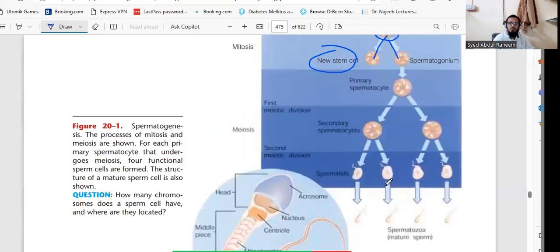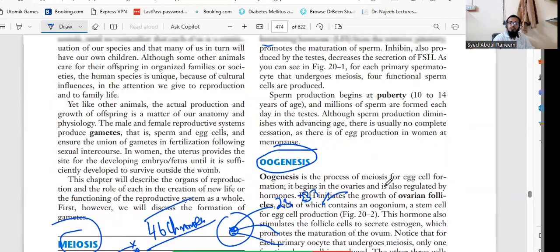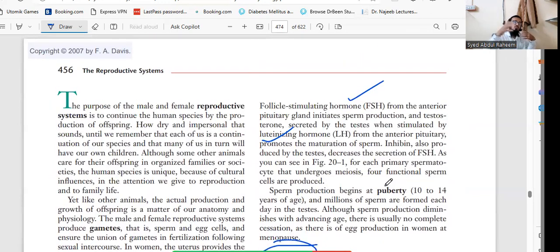Okay, this process is named spermatogenesis. So FSH inhibits the production of sperm, but LH, luteinizing hormone, you have to produce the sperm cells in the testes for the spermatogenesis process. So which will help? LH hormone will help. FSH hormone will stop the production.